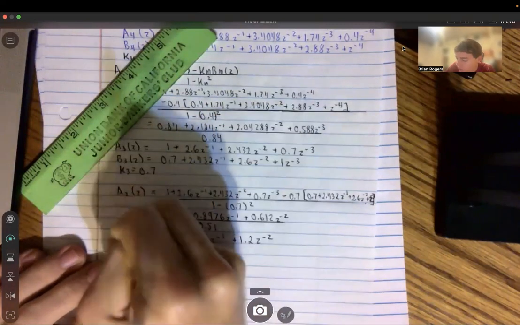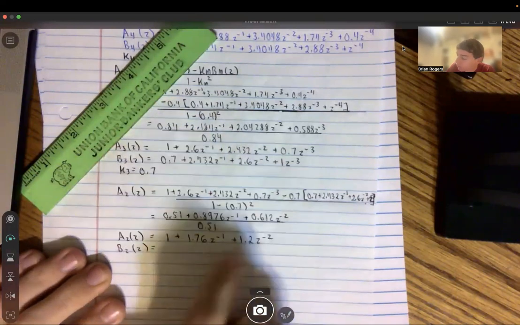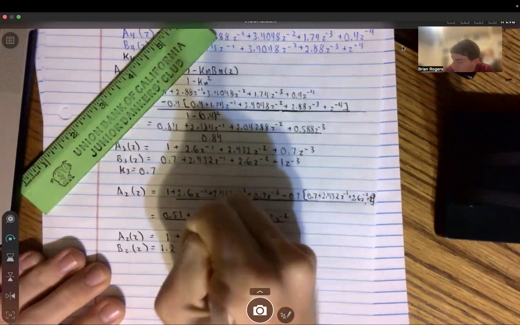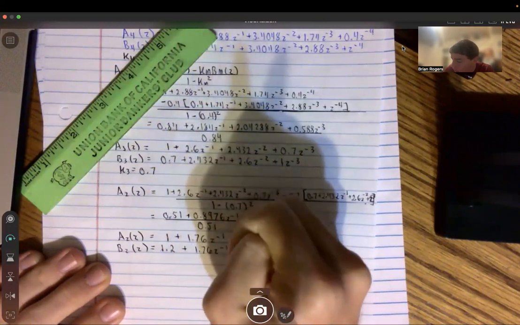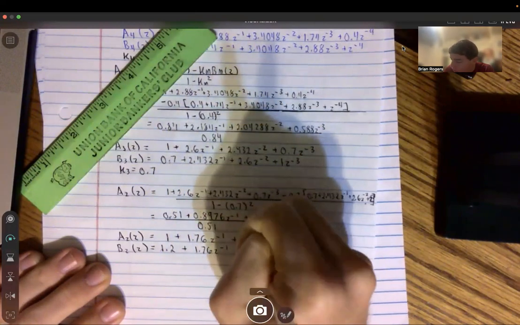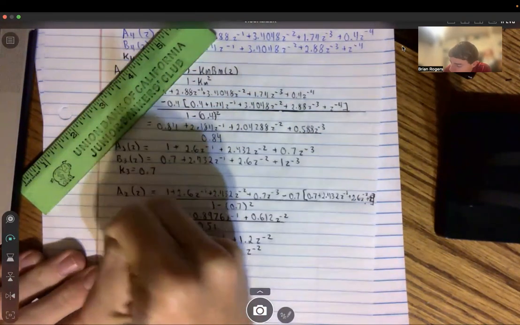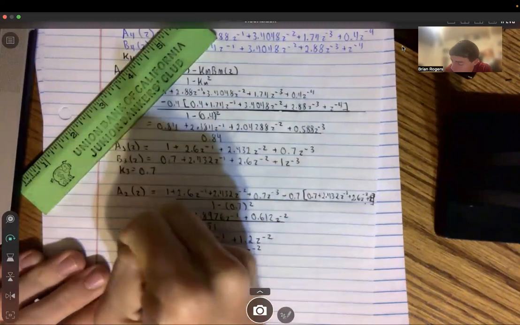So my B2 of z is going to equal, flip-flop the coefficients. I get 1.2 plus 1.76 z to negative 1, and then plus z to negative 2, coefficient of 1 in front. Now my k2 is going to equal the coefficient of the last term here, which is 1.2.